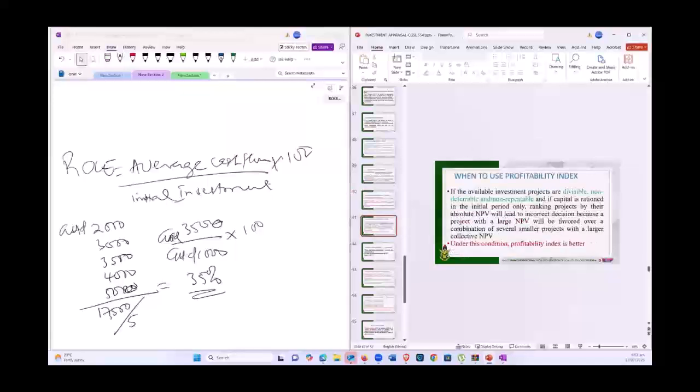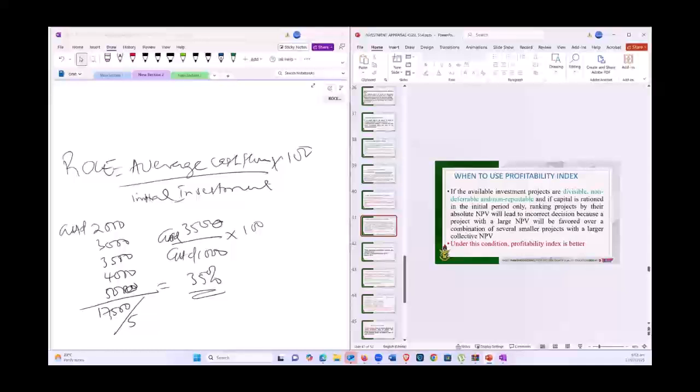Now, if the projects you have under consideration are divisible, non-deferrable, and non-repeatable, and if capital is rationed in the initial period only, then it is usually proper that you would use what? The profitability index. If you want the slides, you can read more.